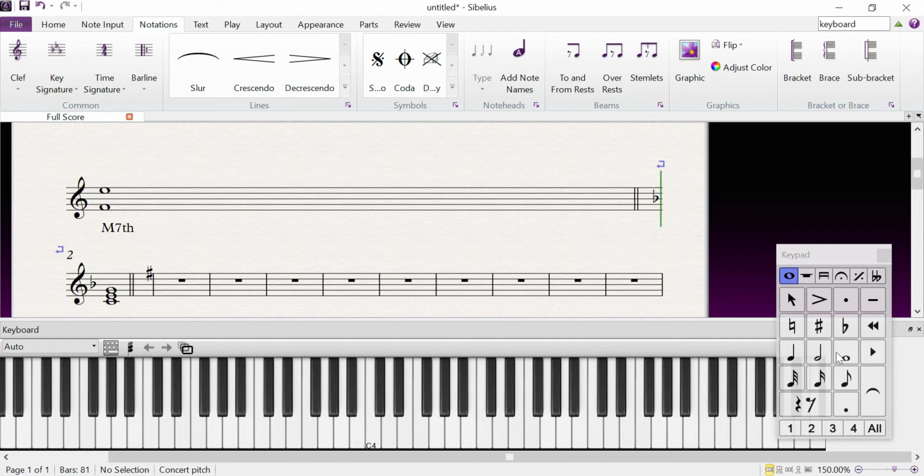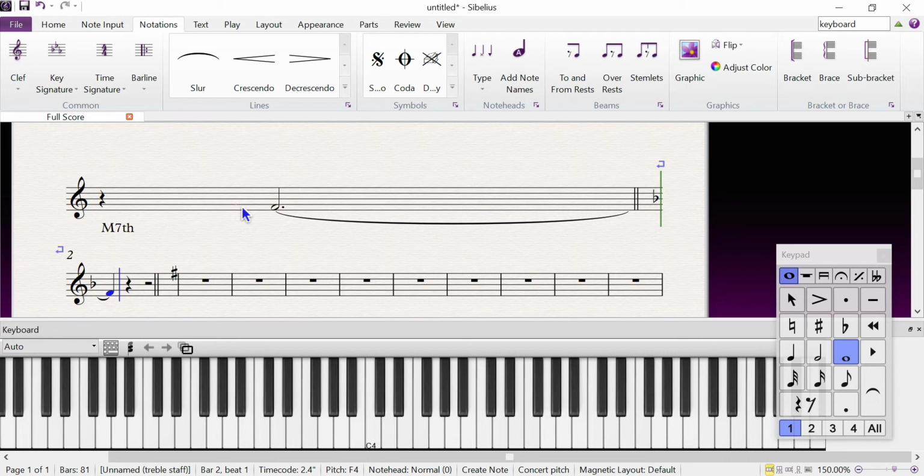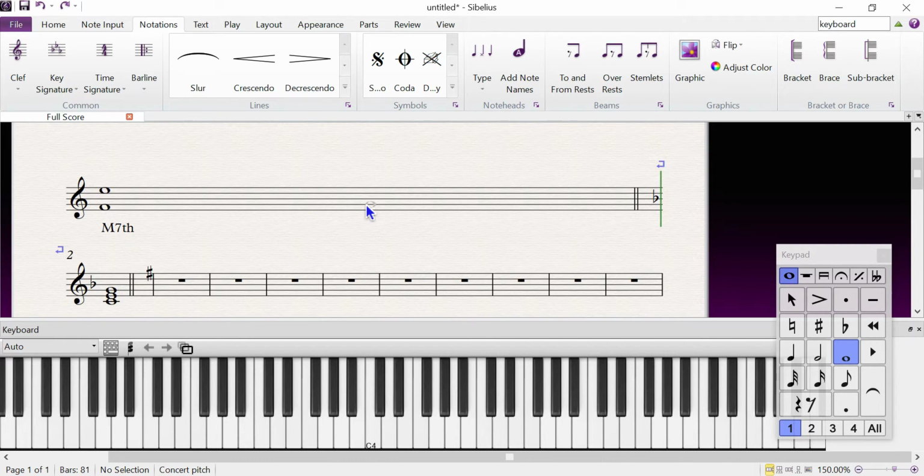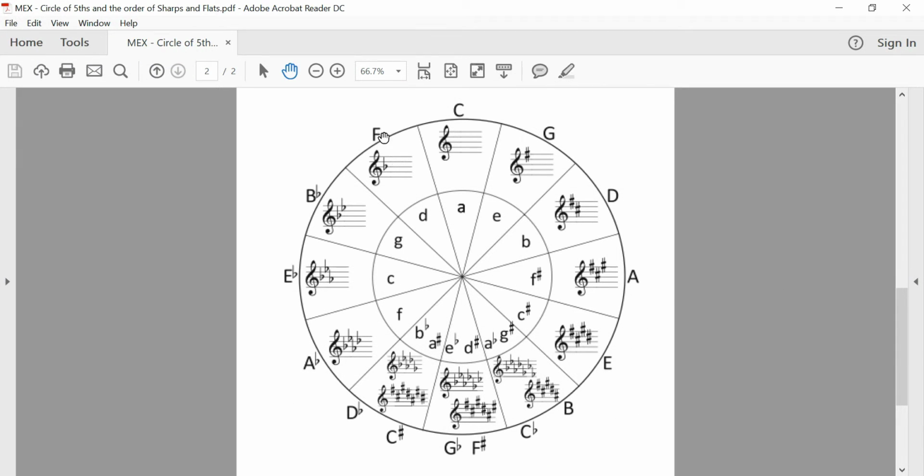Alright, let's just change this one then. If it was an E flat, then what we look at is our major key again, and we go, does an E flat fit into this?